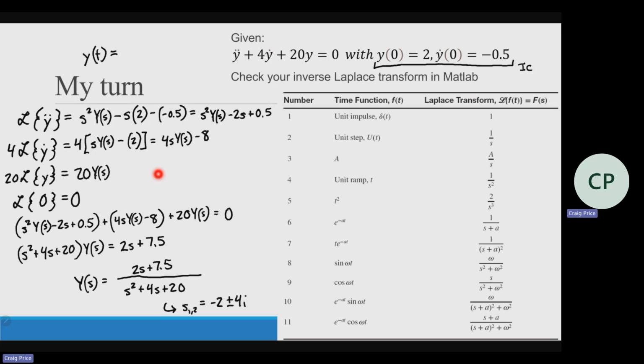So I set the denominator equal to 0. I can use my quadratic formula or calculator to find that. And so, because I have complex roots, I have an a term. This is my a. This is omega. I am going to set up my partial fractions using these two lines, just like I showed you on the last problem.